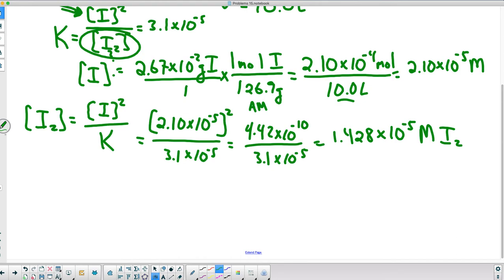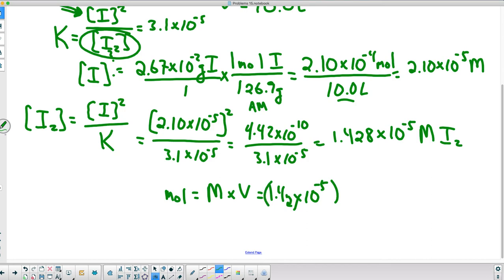And then what I'm going to do with this number is, because if I'm looking for the number of moles, that equals concentration times volume, which means I'm going to use this number here. I'm going to change this to 1.42 times 10. Uh-oh, I'm starting to lose the calibration of the smartboard.